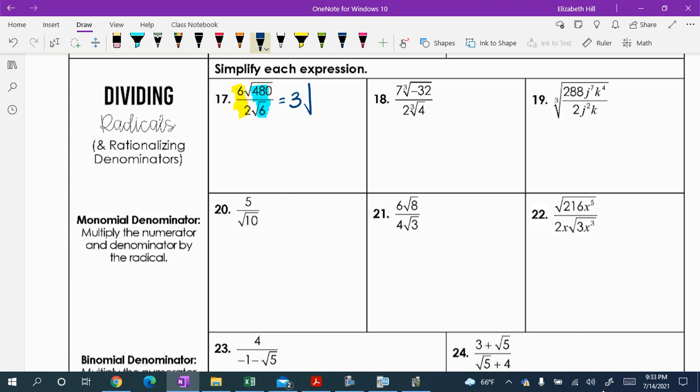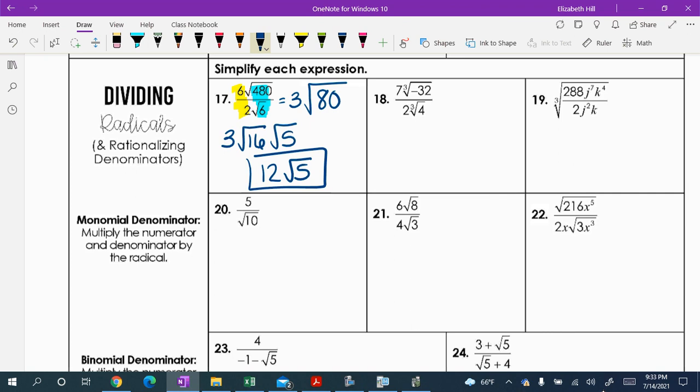We can also take 480 and divide that by 6, and that's going to give us 80. So this simplifies down to 3 square roots of 80. Now 80 breaks up into 16 and 5. Square root of 16 is 4. 4 times 3, so that's 12 square roots of 5. So it's awesome when that takes place.